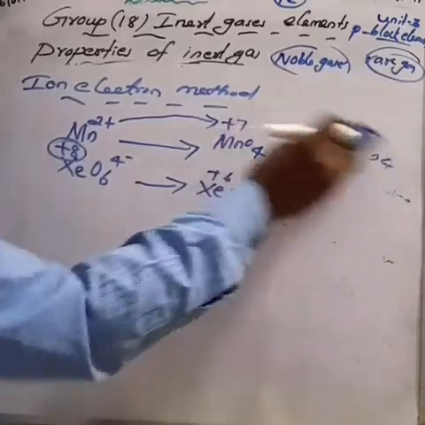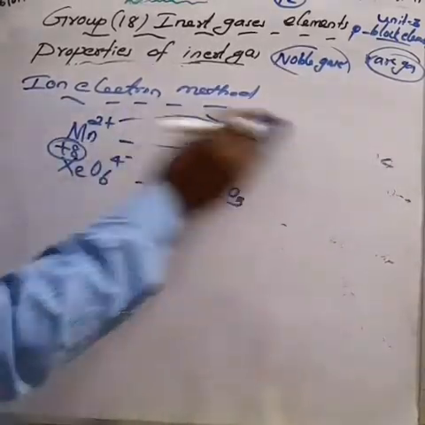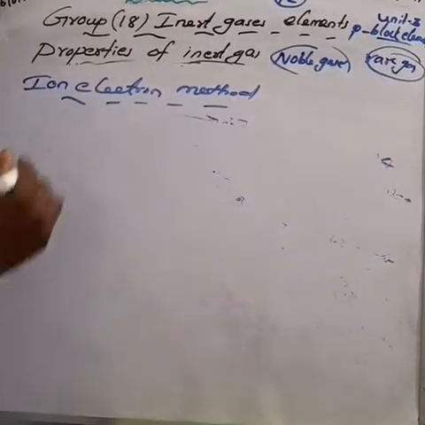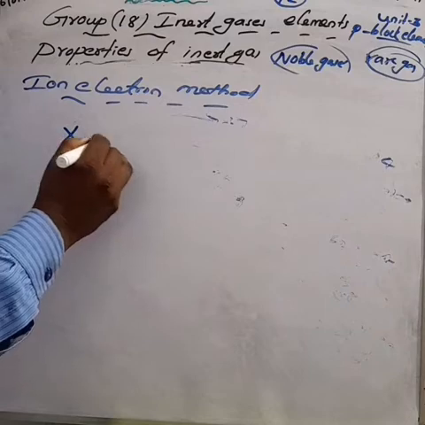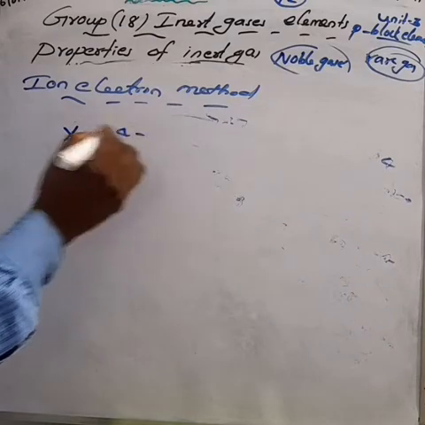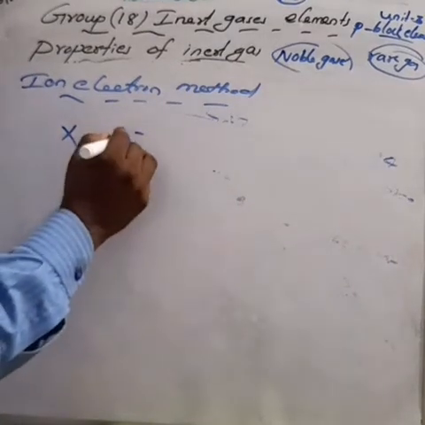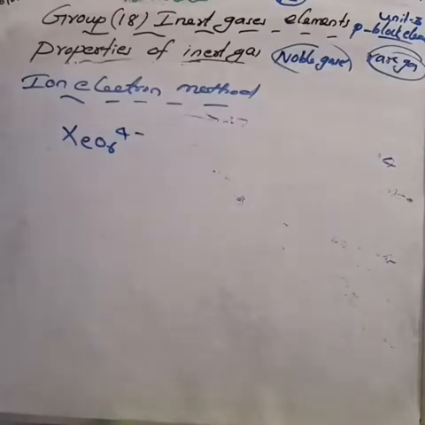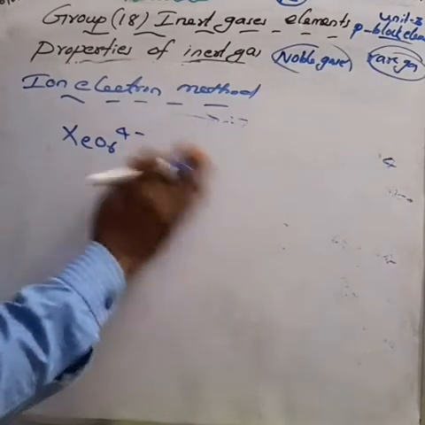First I write XeO6 4-, which has plus 8 oxidation state, but the product side has plus 6 oxidation state. So there is an excess of electrons; I take 2 electrons, plus 2 e-.